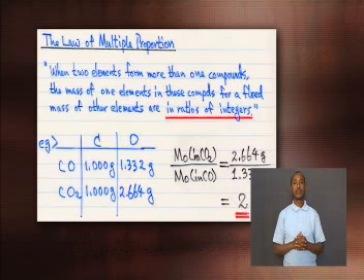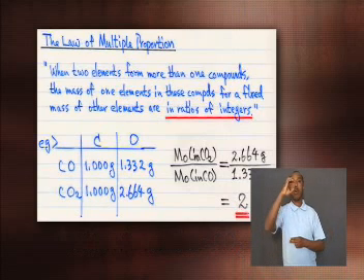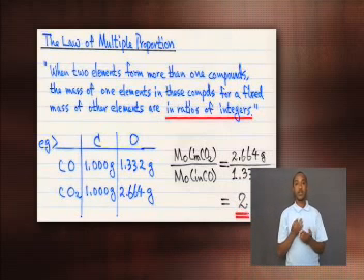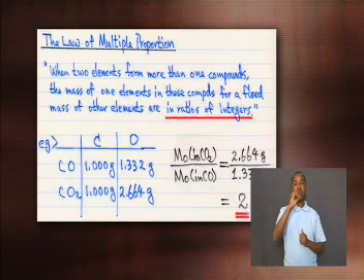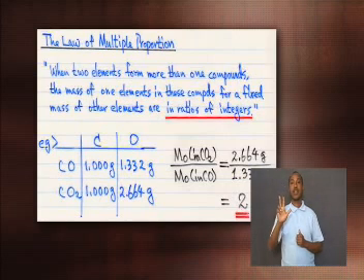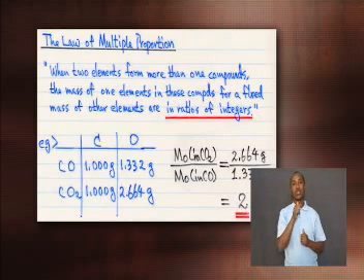We would say the reaction of carbon and oxygen forms CO and CO2, not CO and CO 1.3, as 1.3 is not a small whole number.